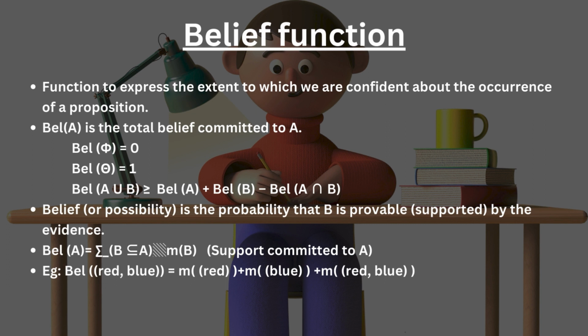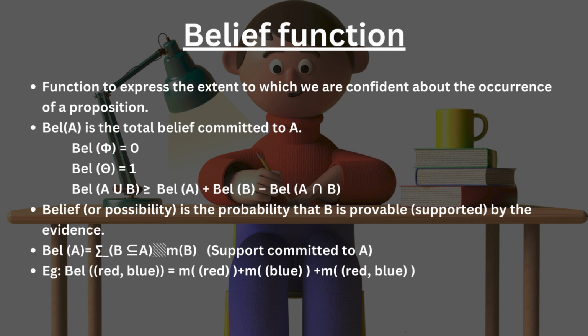Another property of a belief function is that belief in A union B should be greater than or equal to belief in A plus belief in B minus the belief in the intersection of A and B. This property ensures that the belief in the union of two propositions is at least as much as the sum of their individual beliefs minus their intersection.